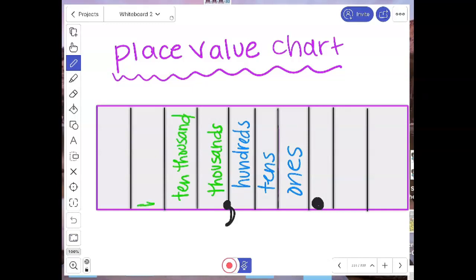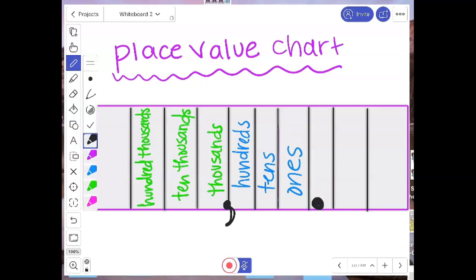Next to the 10,000s, we had the 100,000s. I'm going to try and fit it in. Ooh, it almost fit. Okay, and then we had another comma. And next to that, we had the millions. And it keeps going. We go to the 10 millions and then the 100 millions, and then we get to the billions and the 10 billions and the 100 billions. It keeps going. But we're going to stop there for now.